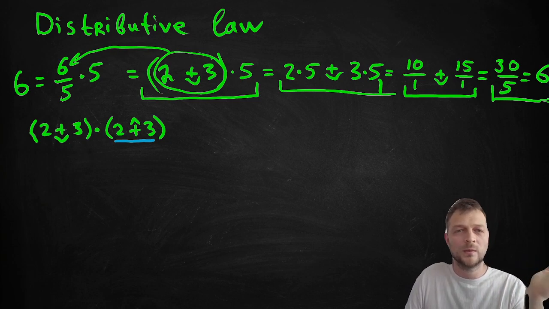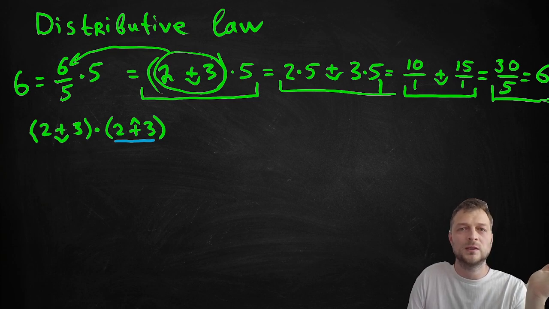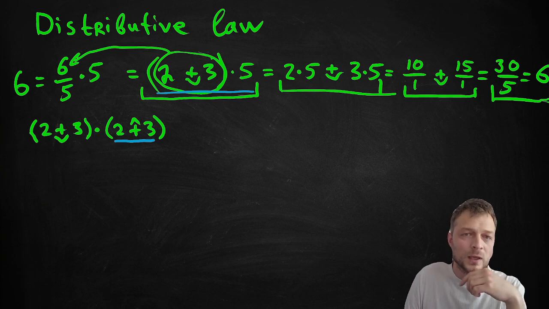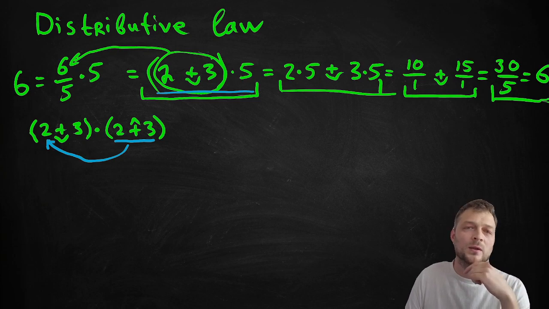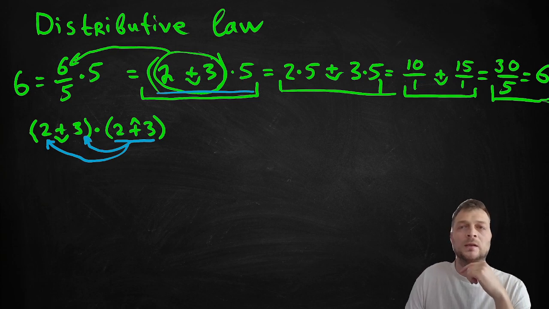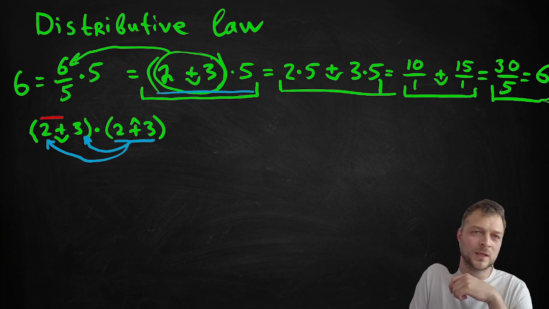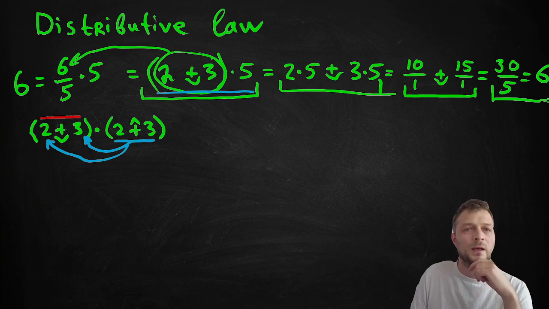When it's just one number, we can open parentheses the same way as we did here. Then this will go to multiply with 2, and it will go to multiply with 3. On the other side, I can think of this one as a number, and then it will go into parentheses to multiply with 2, and it will go to multiply with 3.